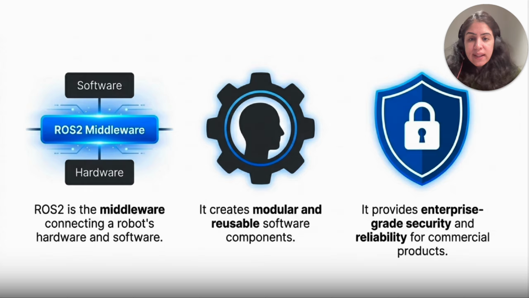We all understand that the robotics revolution is already here, and ROS2 is the software framework that is powering much of it. So whether you are building robots, you are investing in robotics companies, or you're just trying to understand this rapidly evolving field, I just hope that this video has demystified a little bit of what ROS2 is and why it really matters.